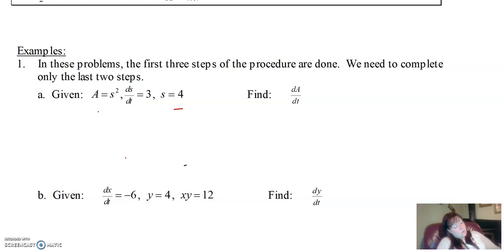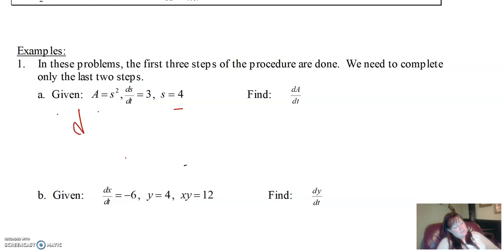We have this equation, and remember A is a function of t, and s is also a function of t. So anytime we differentiate them, we have to use implicit differentiation. To find the derivative of A, let's differentiate both sides.